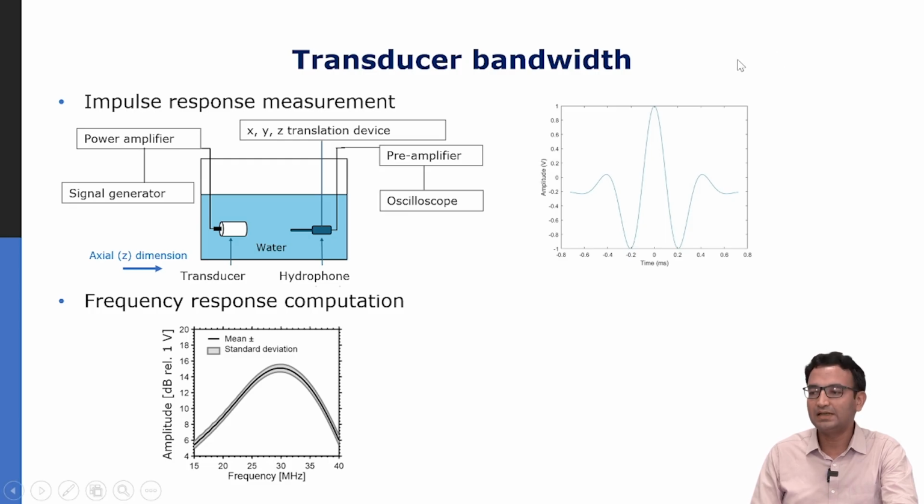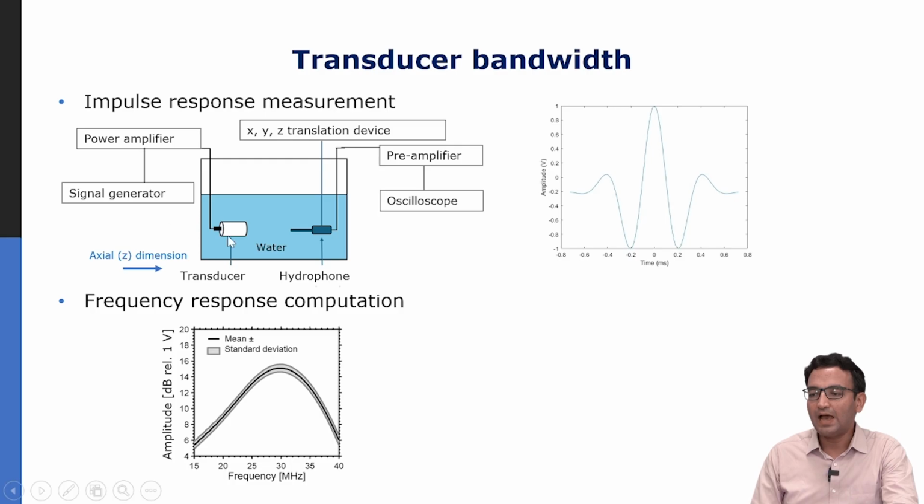Next, let us discuss the transducer bandwidth. So how would I know what is the bandwidth of a transducer? The bandwidth actually determines the range of frequencies in which the transducer can operate. So consider this water immersion setup which we have discussed previously in the context of field measurements.